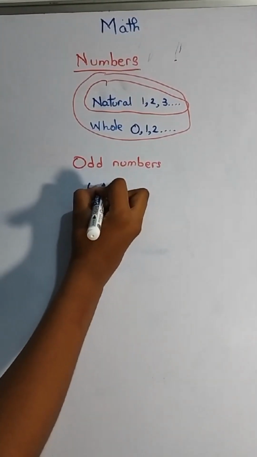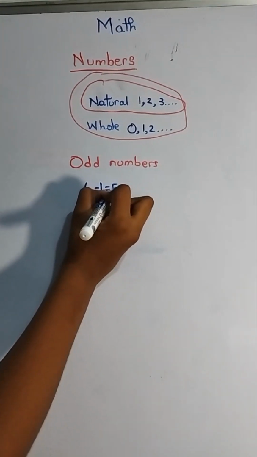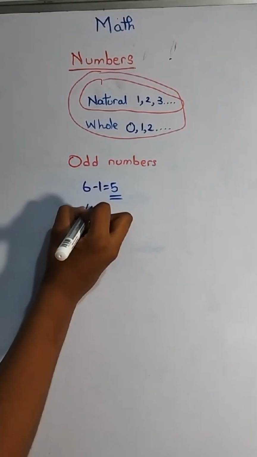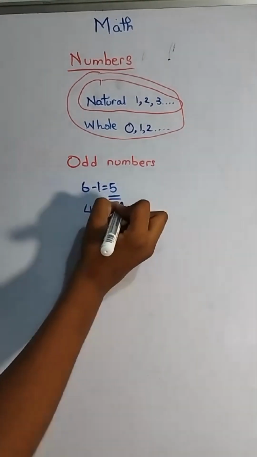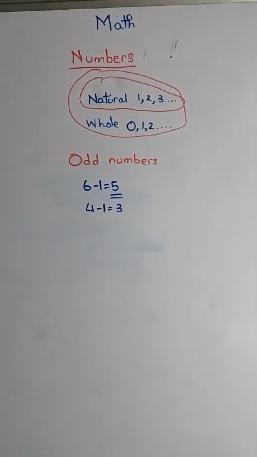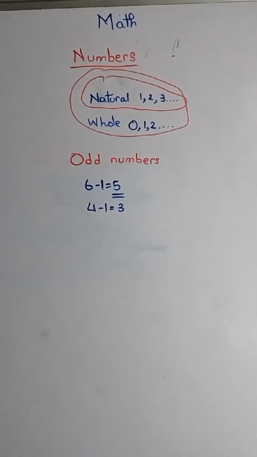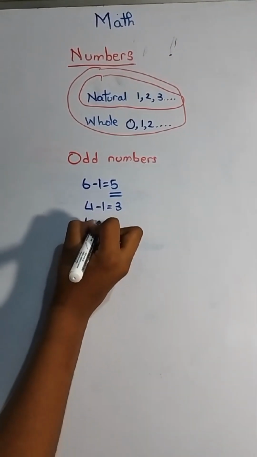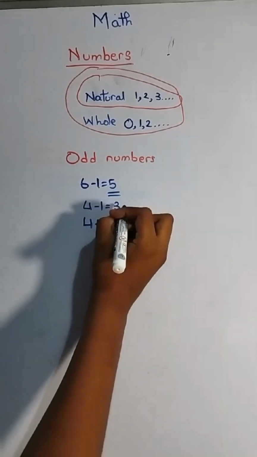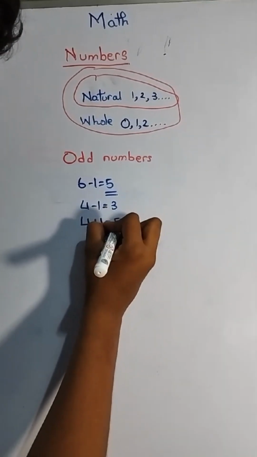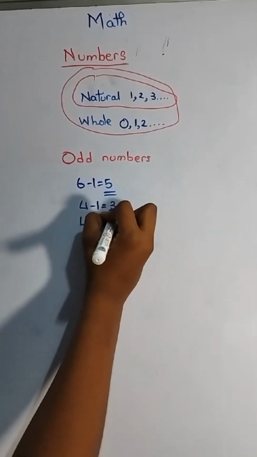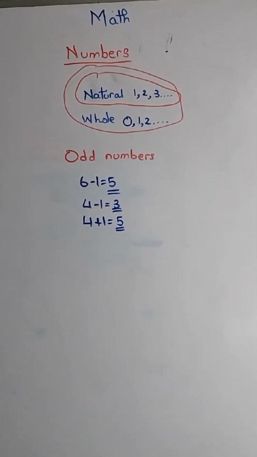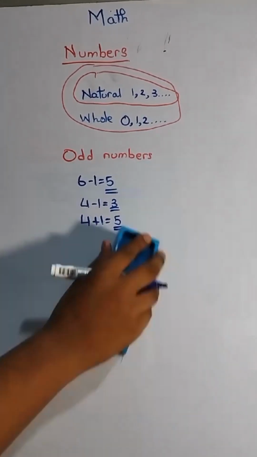If we subtract 1 from 6, we get 5, which is an odd number. We can also do 4 minus 1, which will give 3. Any even number subtracted by 1 will give you an odd number. Also, any even number added to 1 will give an odd number. This is just a simpler formula to understand what odd numbers are.